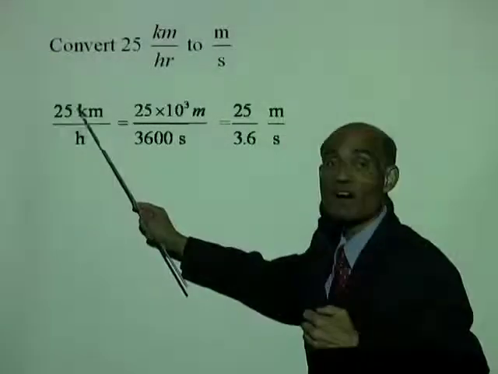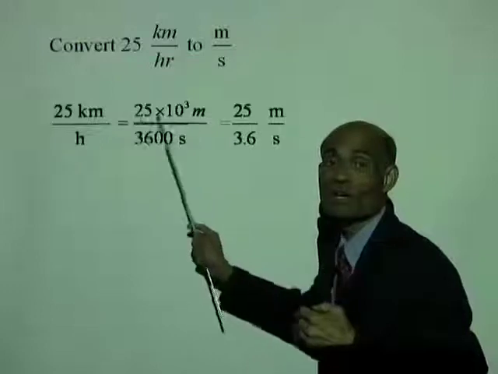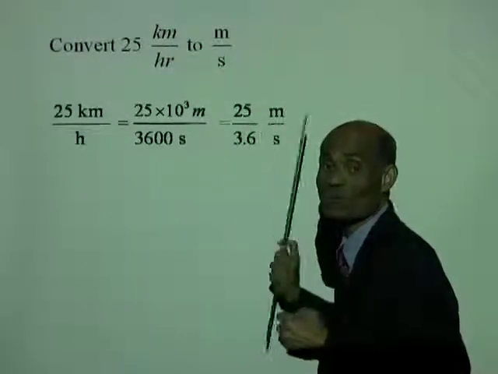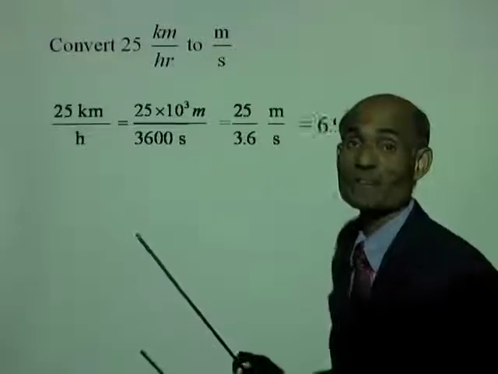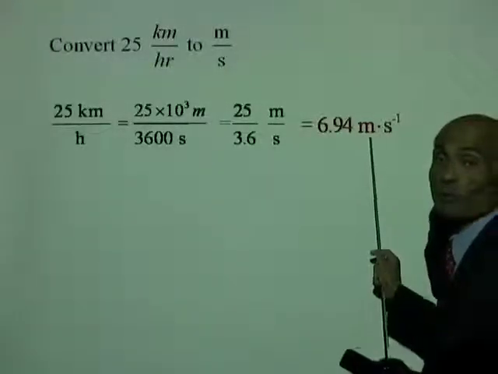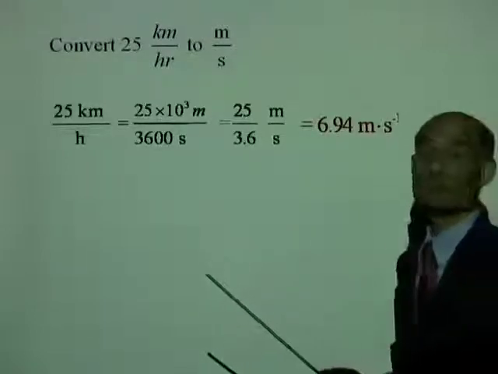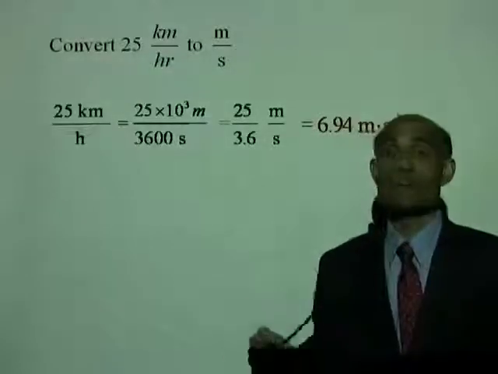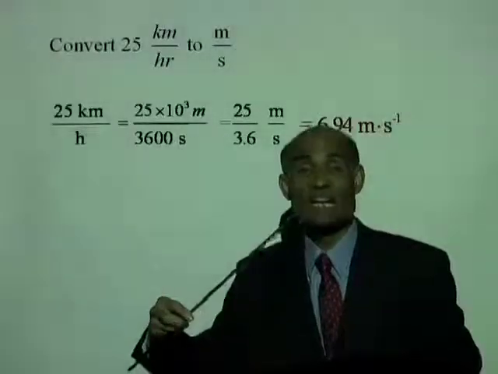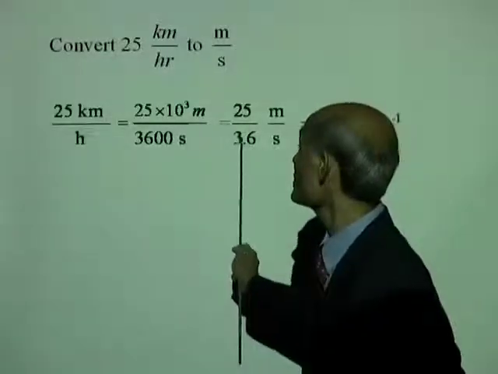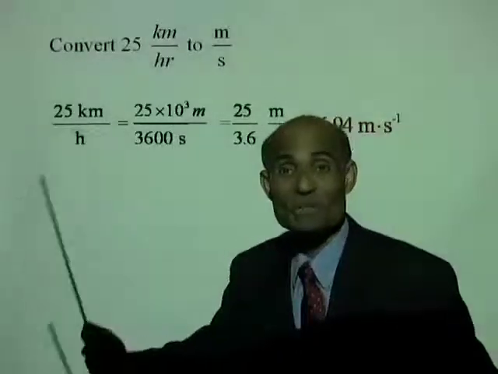So 25 kilometer per hour is 25 divided by 3.6 meter per second. And that is 6.94 meter per second. Alright, we will be doing this very often as we go on. So when I ask you to convert kilometer per hour to meter per second, all you need to do is divide by 3.6.